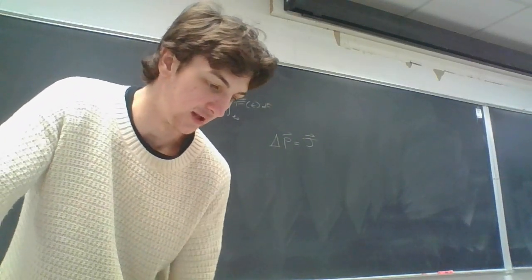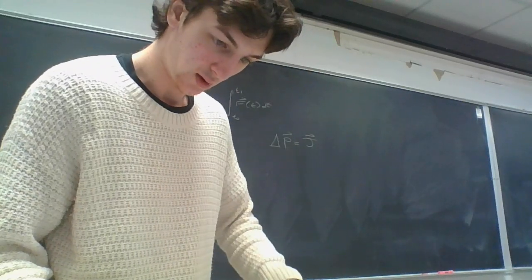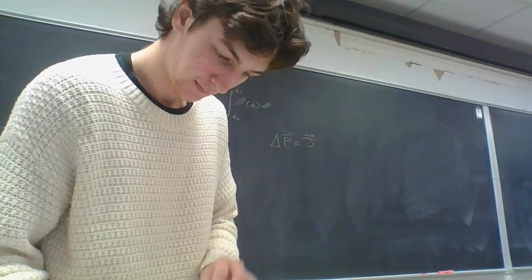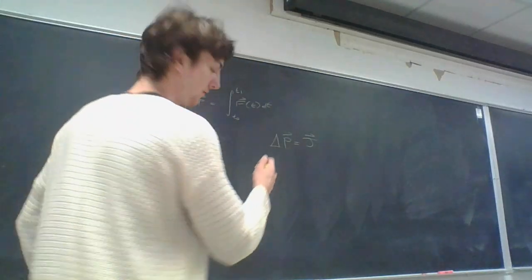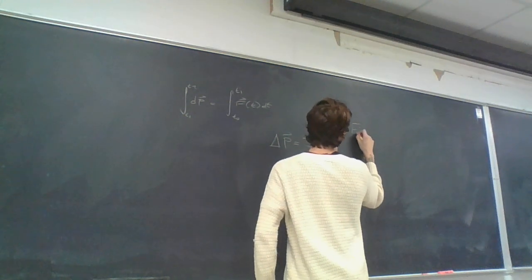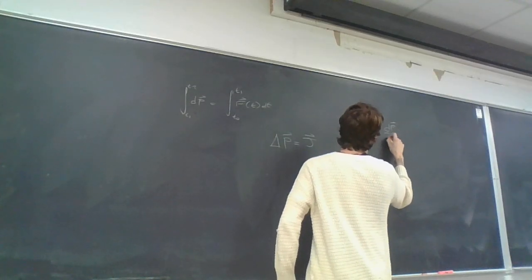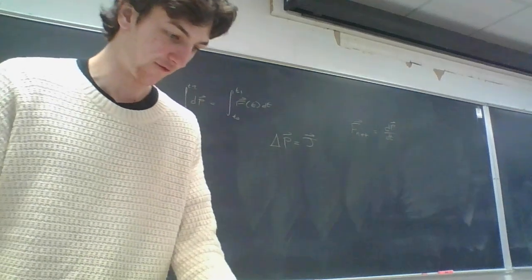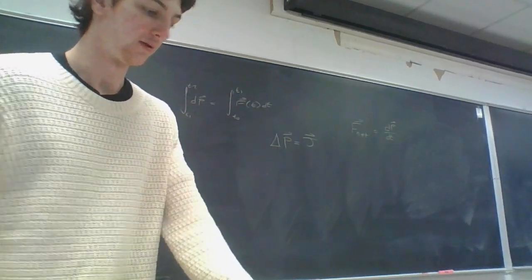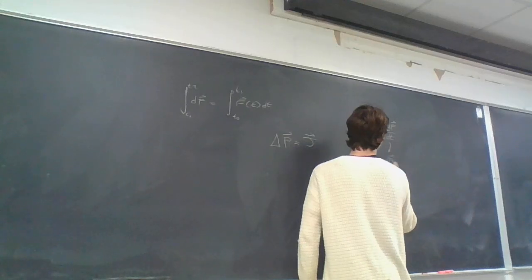Then putting F_net equals zero into this equation: if we say that F_net, like we had defined it before, is dp/dt, then if F_net is equal to zero, that means dp/dt is equal to zero.